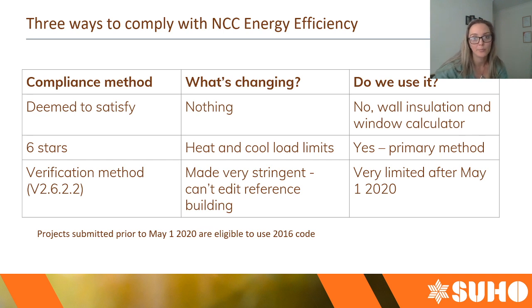The purpose of that is to bring the 2 in line and make sure that your house is comfortable in summer and in winter, because previously the heating and cooling loads were simply added together and plotted within a star band graph, a star band table. But now you have to achieve a certain heating load limit and cooling load limit in order to reach compliance, so that it brings those two elements more in line with each other, so they're not out of balance and you don't end up with a really hot or really cold house even though you've got energy compliance.